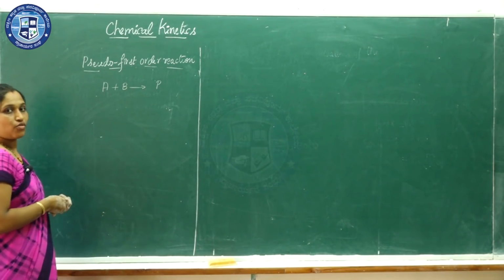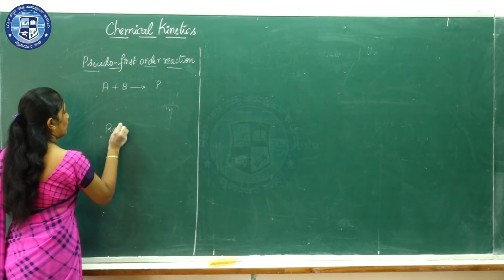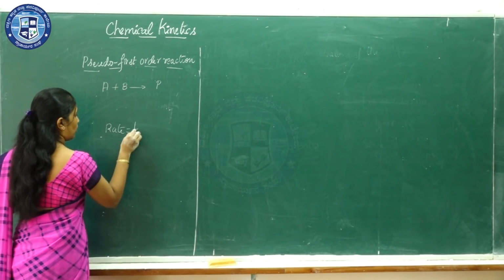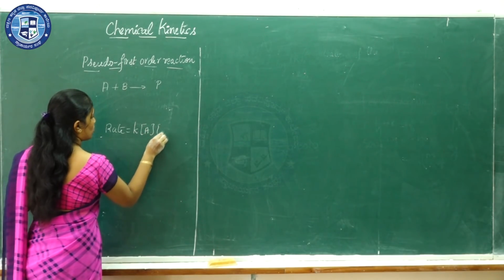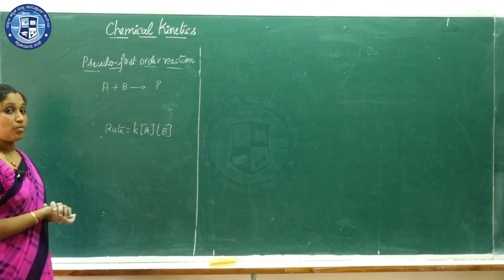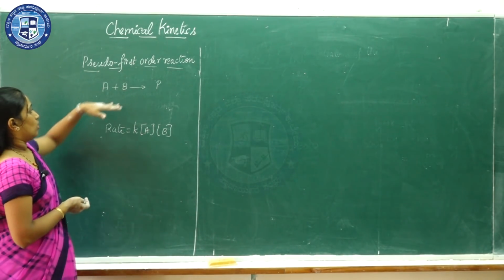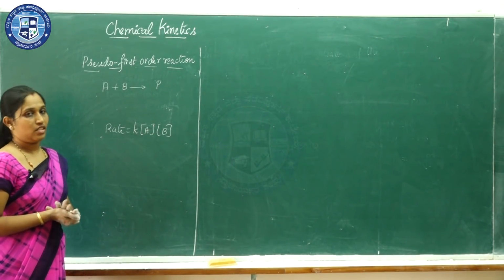If you are asked to write the rate, it can be written like this: rate is equal to K into concentration of A, concentration of B. Suppose B is taken in a very large excess.